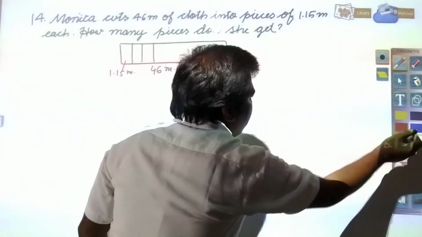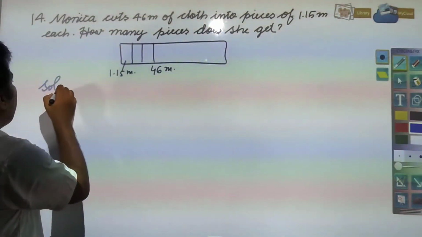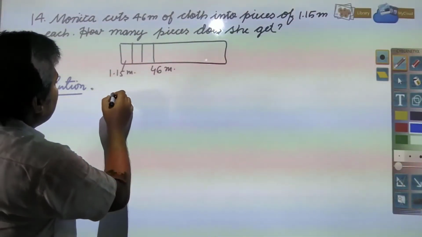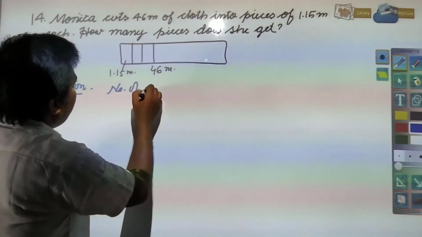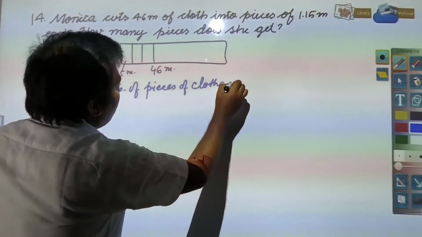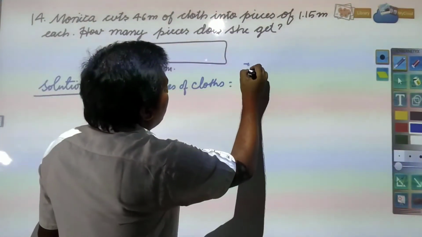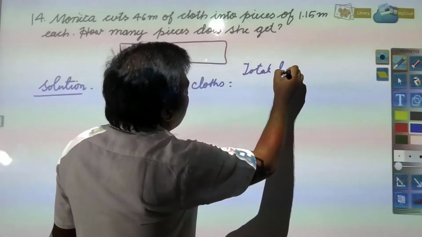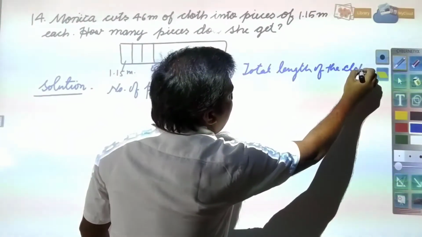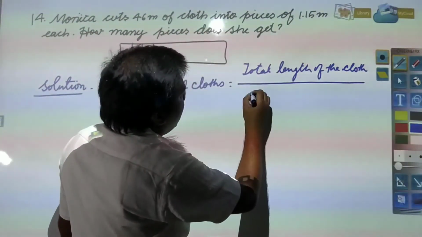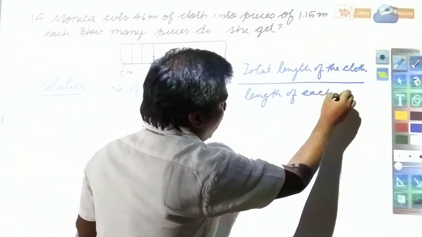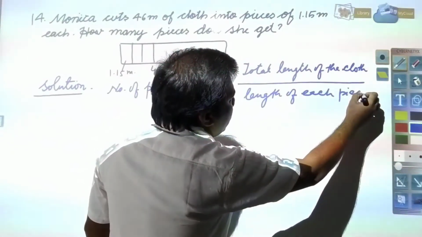So how will we solve? The number of pieces of cloth will be equal to the total length of the cloth divided by the length of each piece, or one piece of the cloth.